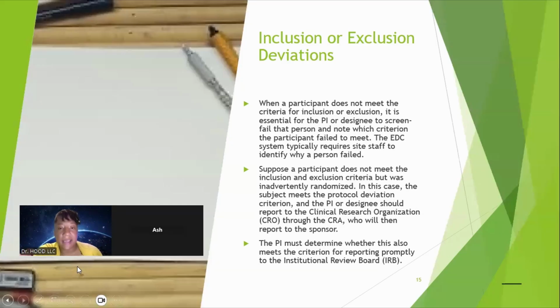If it has that in the criterion, then the PI is within their right to say, I don't want to continue the inclusion and exclusion process. Now, did the patient already sign consent? Yes. Okay, if they already signed consent, I don't see the harm, if it's not an emergency, for you all to complete the assessments.